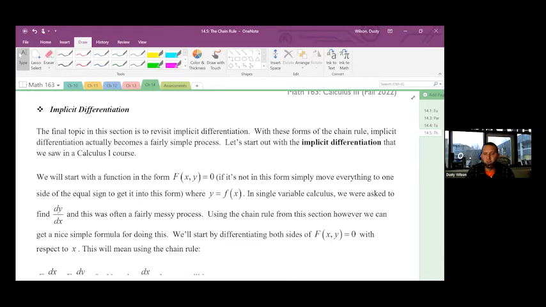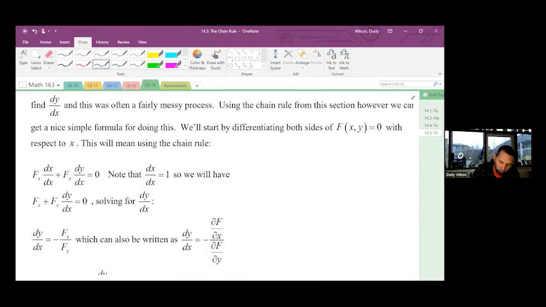We'll start by differentiating both sides of big F of x, y equals 0 with respect to x. This will mean using the chain rule. So we're starting with big F, and we recognize that big F is a function of x and y. We know that x is a function just of x, and y is a function just of x. Notice there's something funny with a whole bunch of x's floating in here.